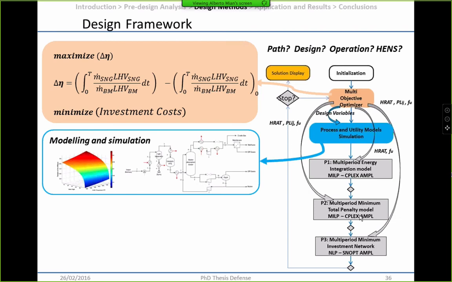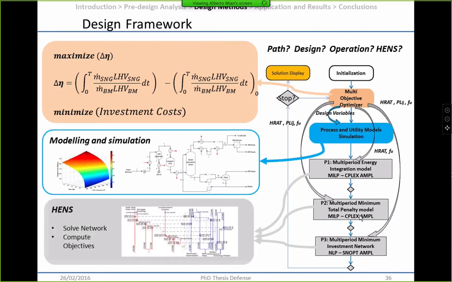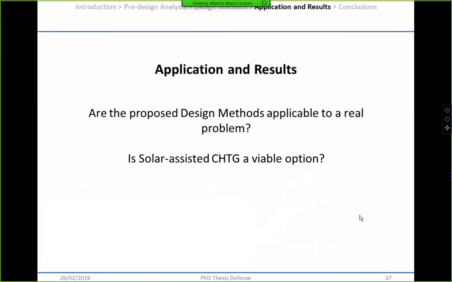So we are able to compute the part load performance before running the optimization algorithm. And this is an advantage because it allows us to take this step into account staying linear. In the third step, considering this sequential approach, we solve the heat exchanger network.